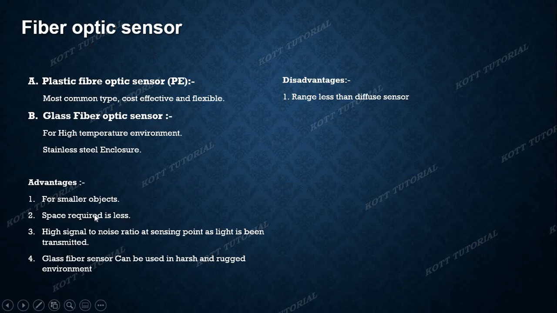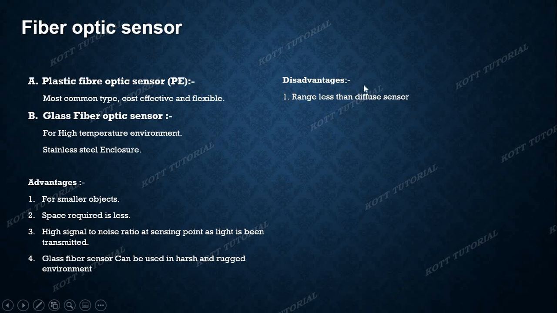Advantages: for smaller objects, space required is very less. High signal to noise ratio at the sensing point as light is being transmitted. See, high signal to noise ratio I had explained to you before. Glass fiber sensor can be used in harsh and rugged environments.